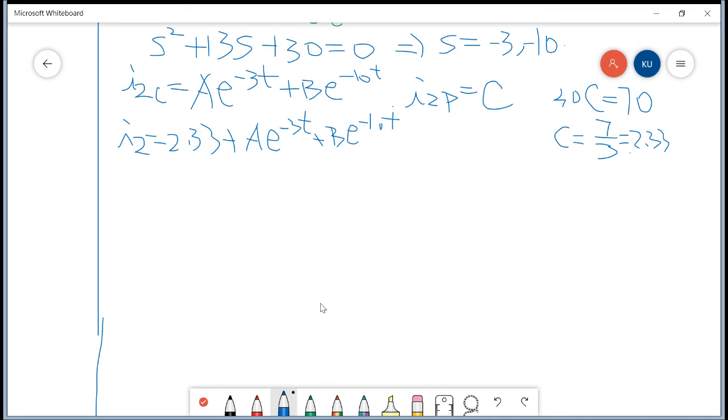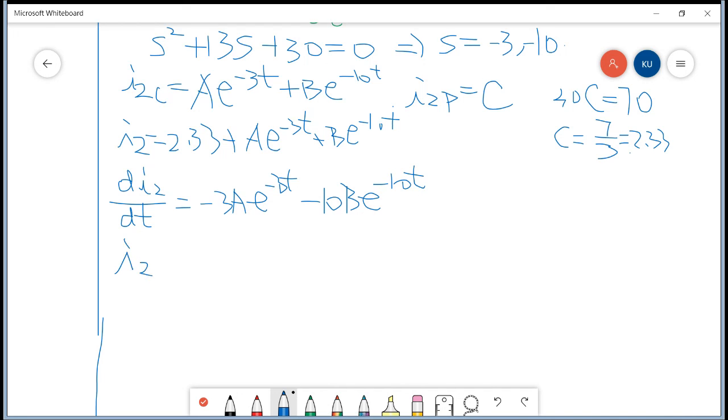So first, let's take the first derivative of I2. The constant is 0, and the second one, minus 3a exponential to minus 3t, and then the next one, minus 10b exponential to minus 10t.